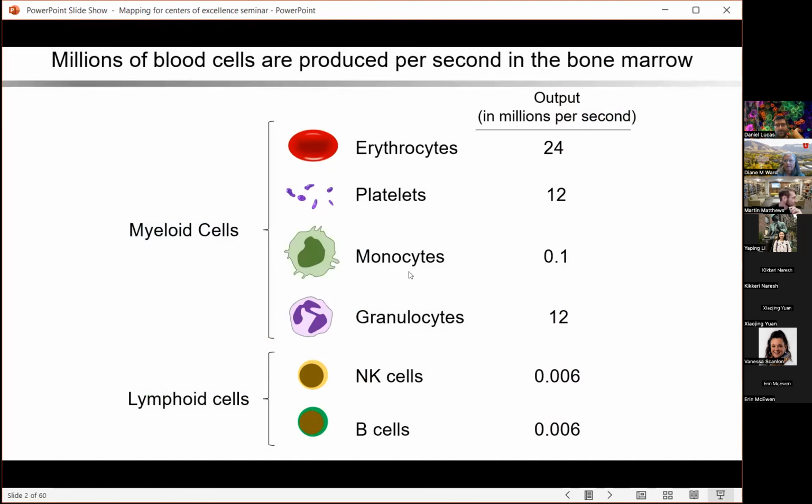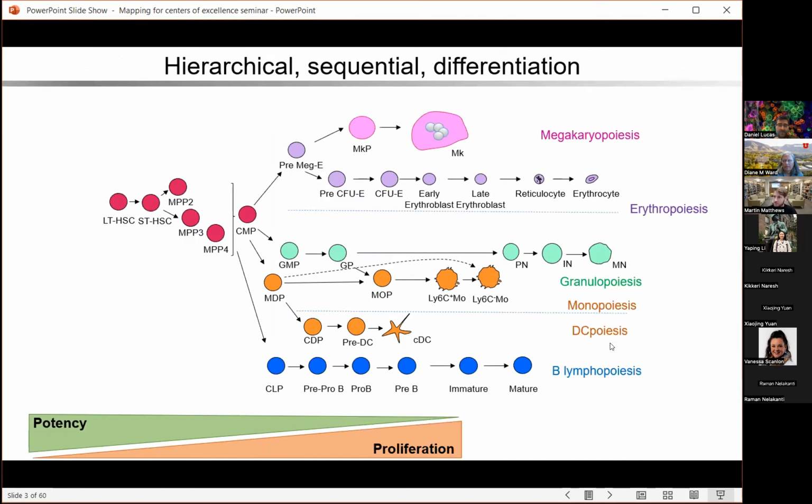Just a quick reminder, every second the bone marrow produces millions of blood cells, mostly myeloid cells, with a few lymphoid cells, because these need to be produced at different ratios. This happens through hierarchical sequential differentiation, where you have stem cells at the apex of the progeny, and they progressively differentiate, make lineage decisions, commit to a specific lineage, and eventually generate mature blood cells.